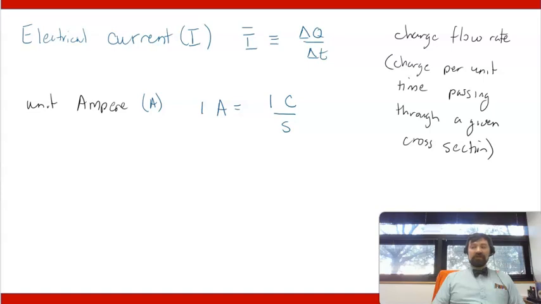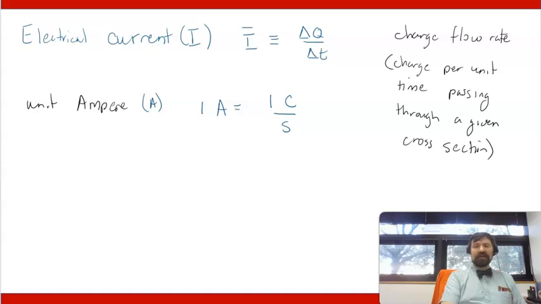Essentially, if you have an amp of current flowing through the two wires, then they will apply essentially like 10 to the minus 7 newtons on each other of force per meter length. So that is current in bulk.